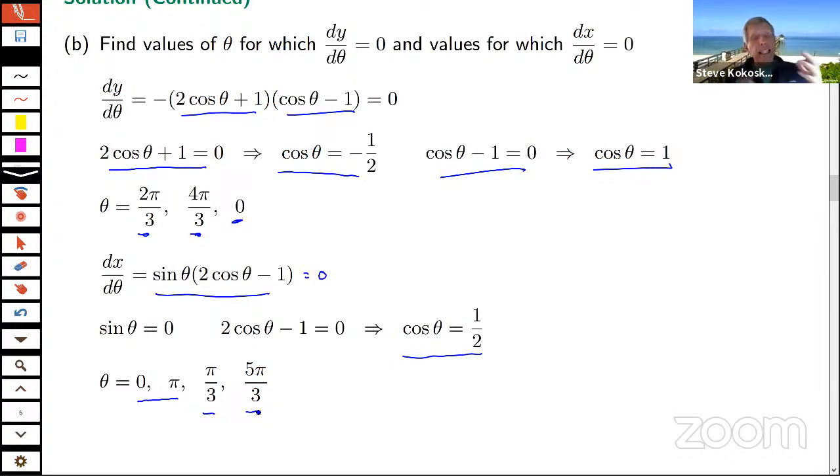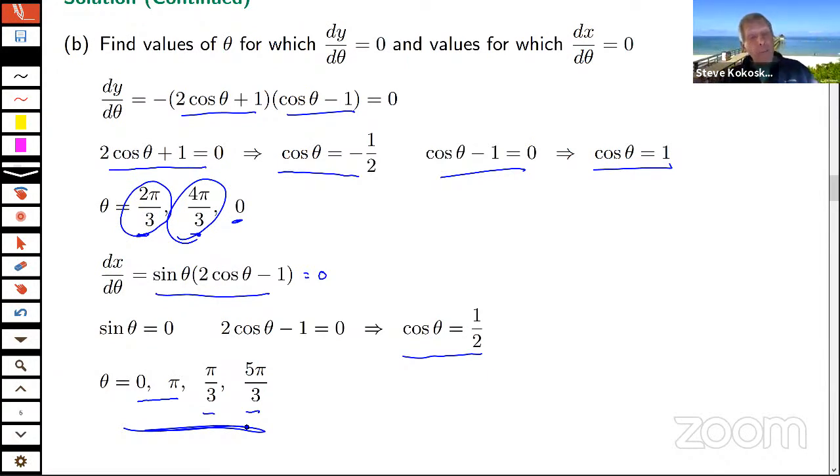So let's see if I can kind of summarize what I've got now. I know where the numerator in that expression is equal to 0. I know where the denominator in that expression for the slope is equal to 0. By looking at these four, I know that at these two values the denominator is non-zero.